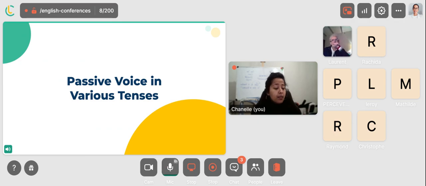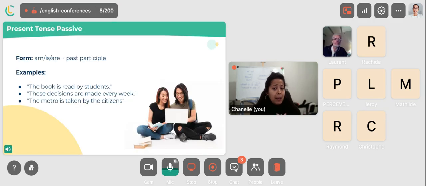So now let's look at our tenses, because this is the most important part. How does passive voice change in different tenses? So let's look at the present tense passive. And when you think of the present tense, we are now looking at the present simple. So we start with the verb to be, am, is, or are, and then the past participle.